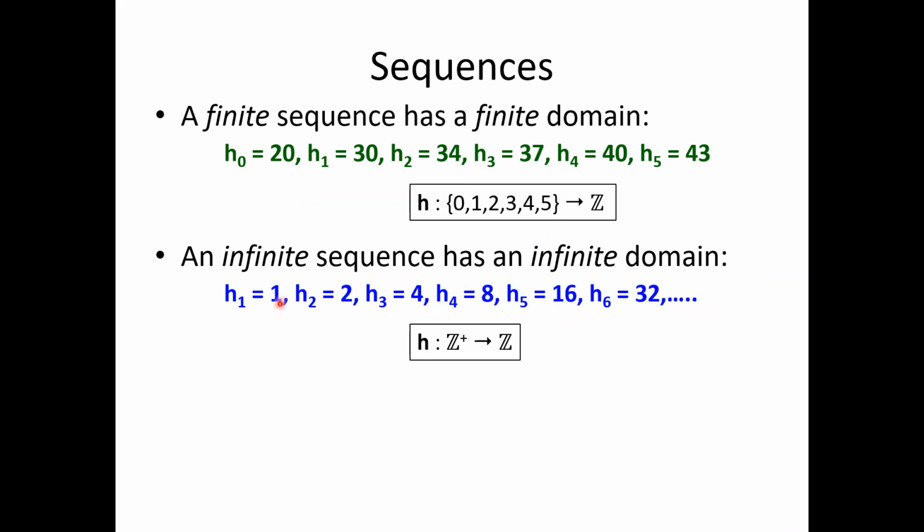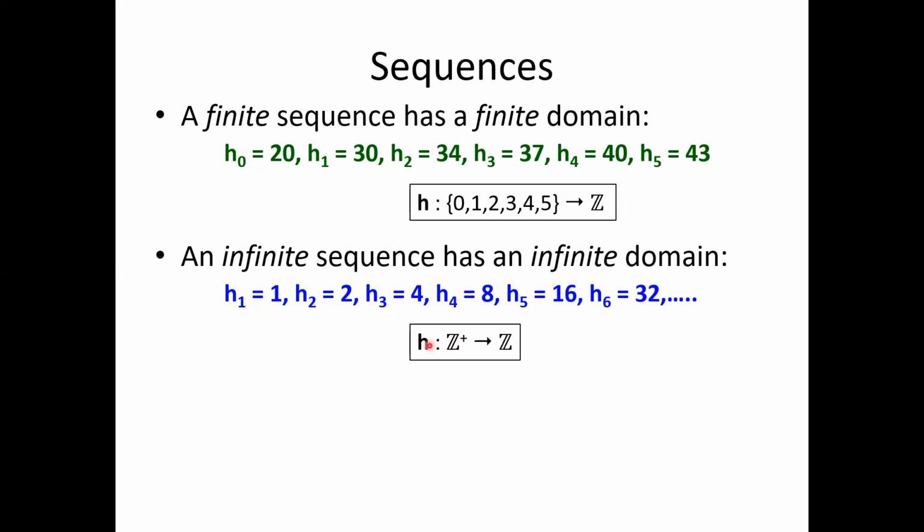For example, powers of 2. The first element is 2 to the 0, which is 1. The second element is 2 to the 1, then 2 to the 2, 2 to the 3, 2 to the 4, 2 to the 5, etc. This defines a sequence, which is a function whose domain is all non-negative, or positive, integers.